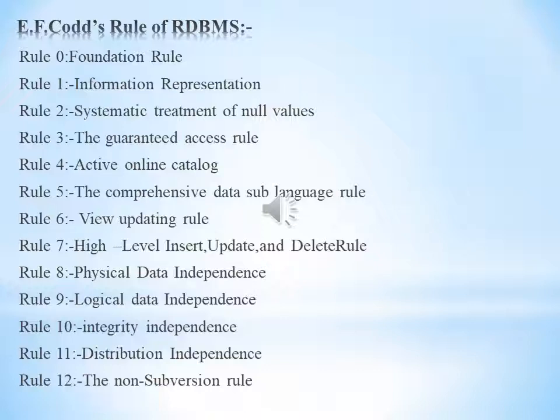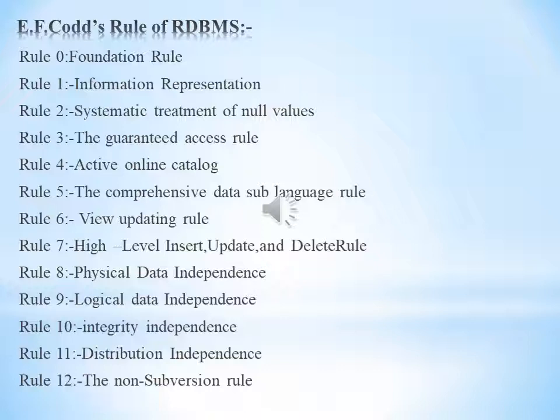In a database, every single data element must be accessible logically with the combination of table name, primary key, and the attribute name. There should not be a requirement of any other entity to access the data.